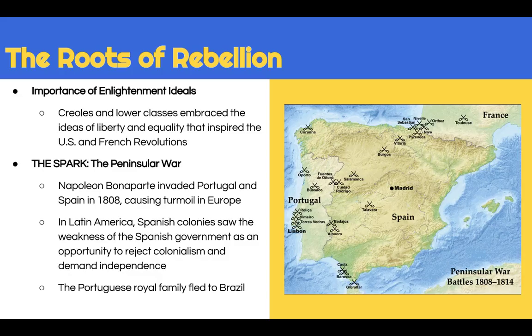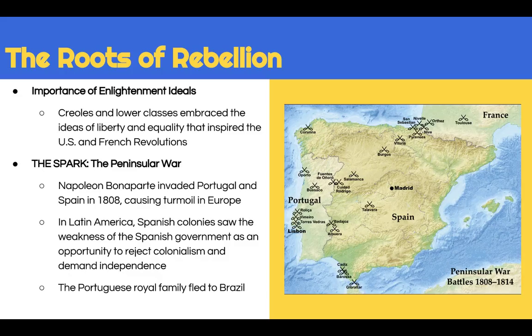But the big spark, the one that actually kind of sets everyone off, is Napoleon. Napoleon Bonaparte invaded Portugal and Spain in 1808 and began what became known as the Peninsular War. And this causes turmoil in Europe, especially in Spain and Portugal.